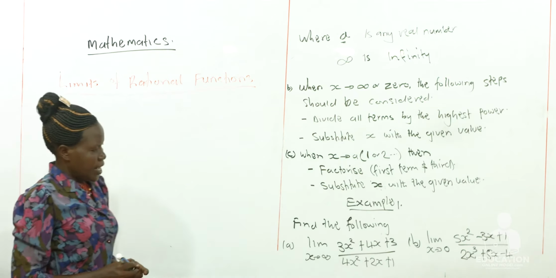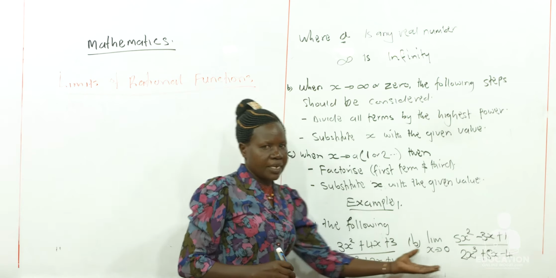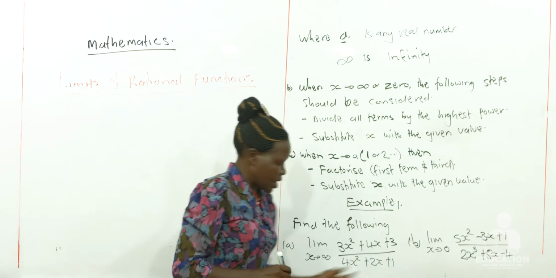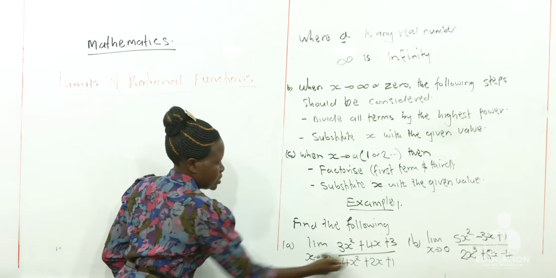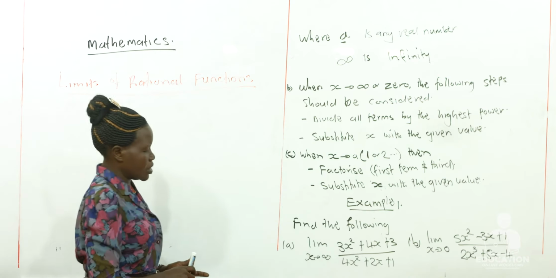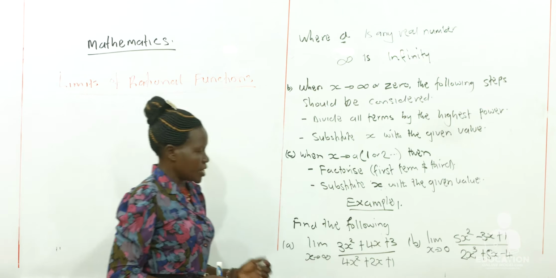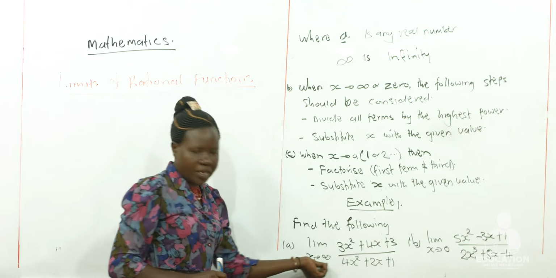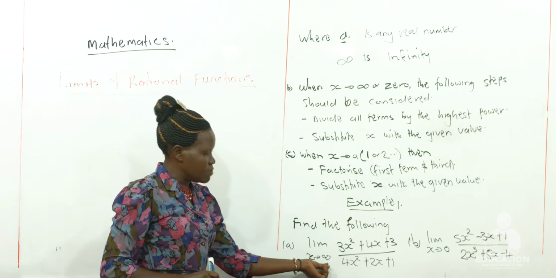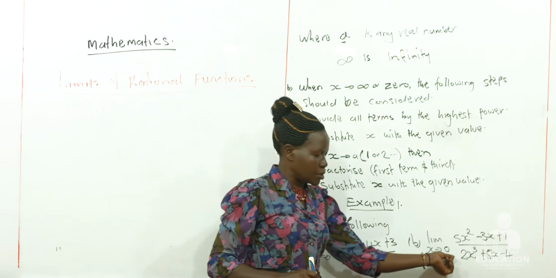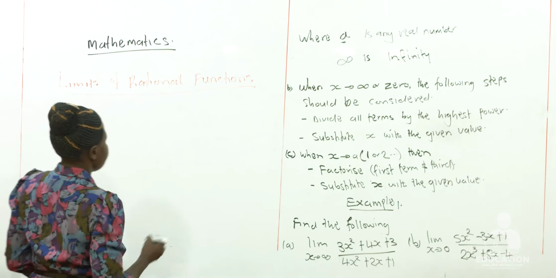So, learners, if you are given this kind of equation and they ask you to work it out, identify what type of a limit this is. This is a rational limit. And then you check where x is approaching. In part A, x is approaching infinity. Part B is approaching 0. Let us see how we apply those steps.